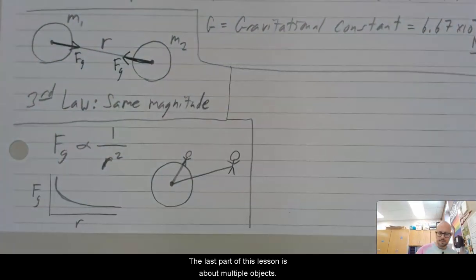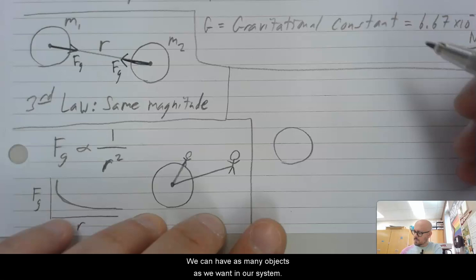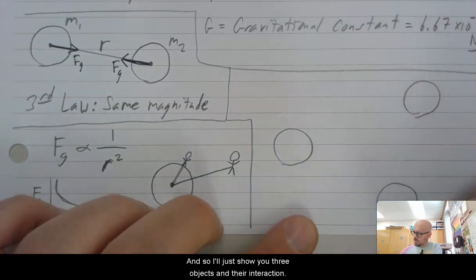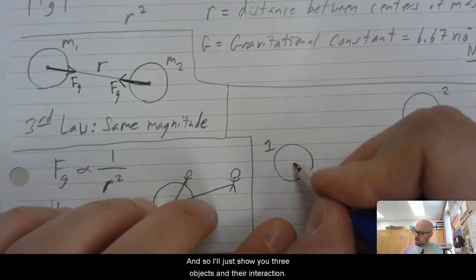The last part of this lesson is about multiple objects, and so I'll try and be quick here. We can have as many objects as we want in our system, and so I'll just show you 3 objects and their interaction.